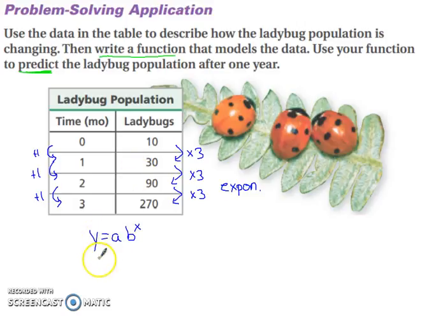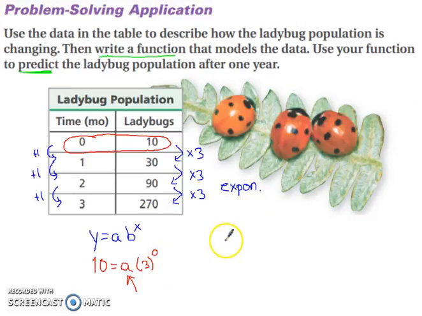So our y value is 10. We don't know what our a value is. Our b value is 3, because that's our common ratio. So there's your 3. And in this case, because we're dealing with this first one, so that way we can find our a value, our x was 0. So now we're going to solve for a and then rewrite our equation.